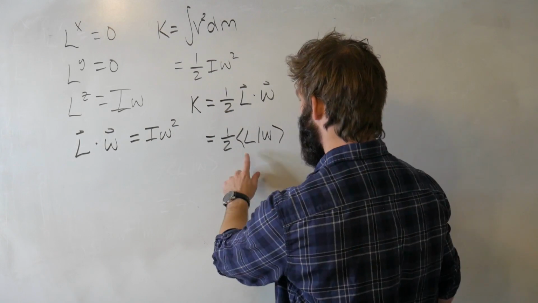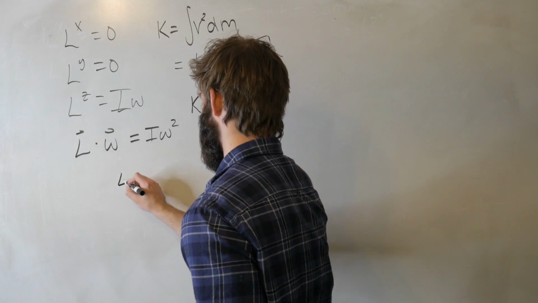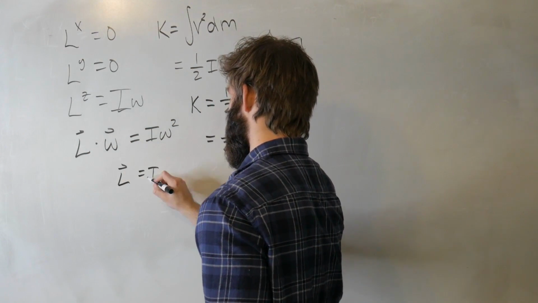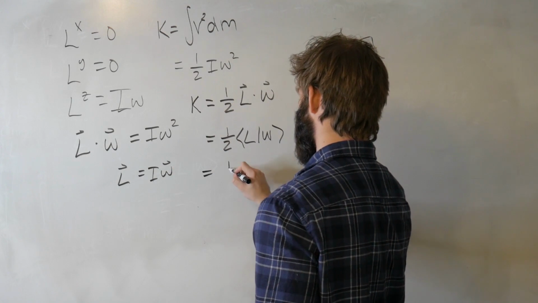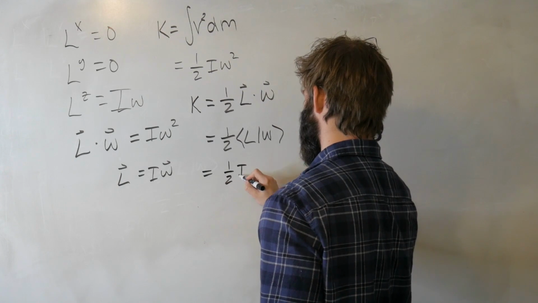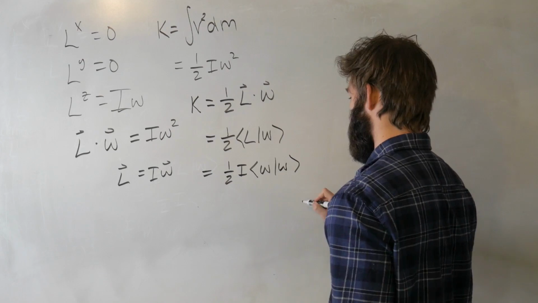And L is just I omega, right? So L vector is equal to I omega vector, and that means that this is equal to 1/2 I, the inner product between omega.